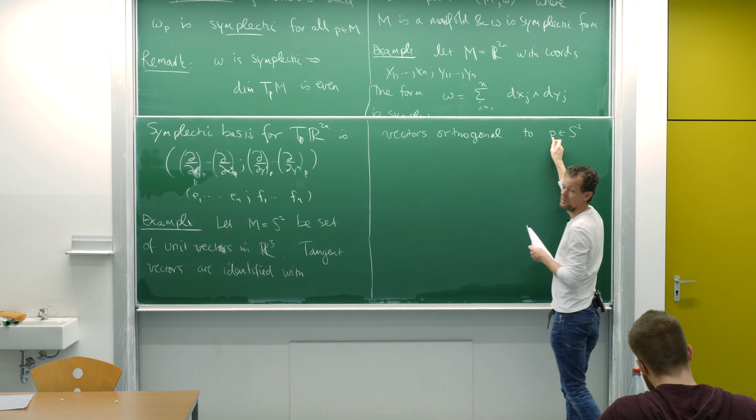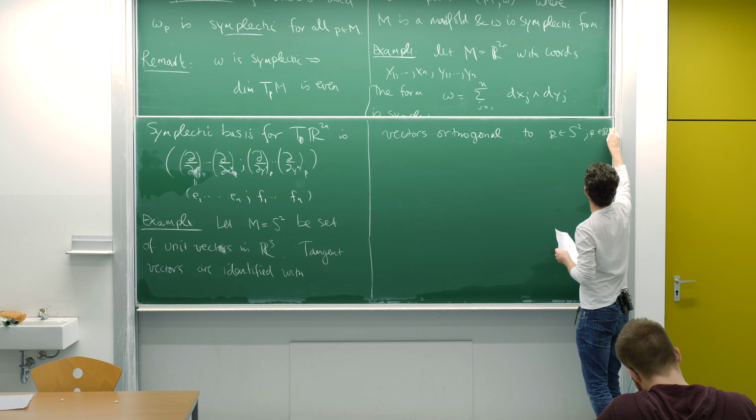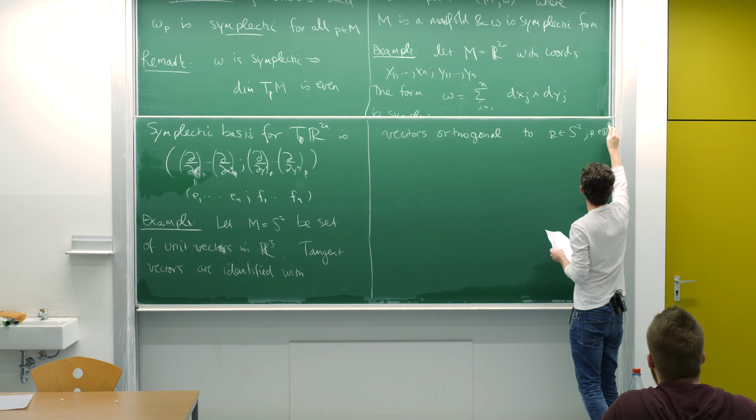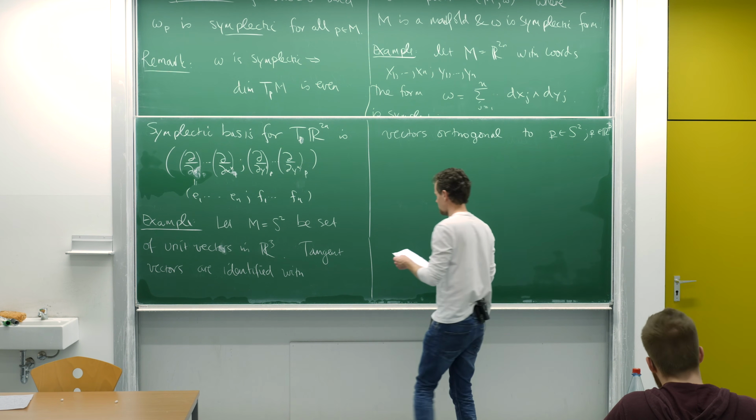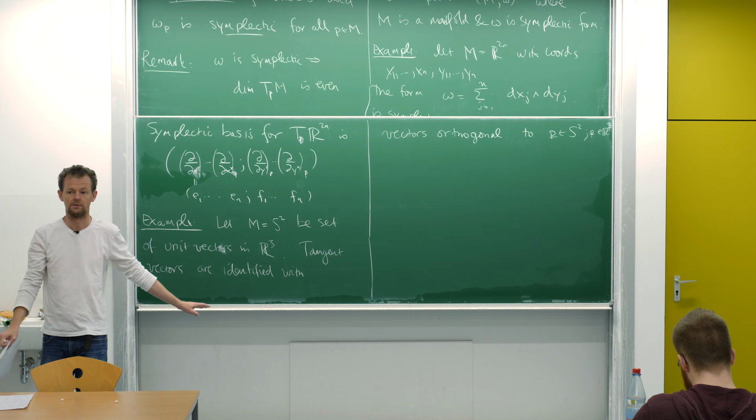So p is a vector, remember? And, okay, great, I've defined a 2-manifold.